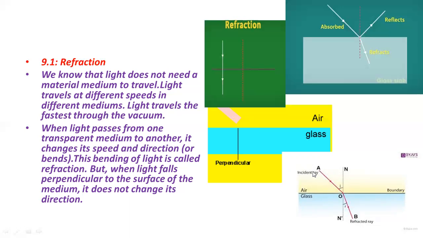The ray in the rare medium is called the incident ray, and the ray which is refracted towards the normal is called the refracted ray. The angle of the incident ray with the normal is called the angle of incidence, and the angle of the refracted ray with the normal is called the angle of refraction. This is the boundary between the two media, air and glass.